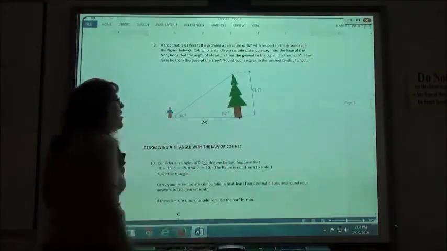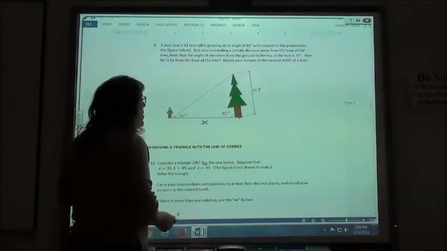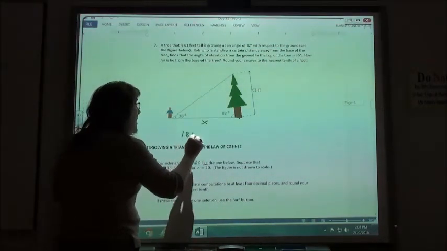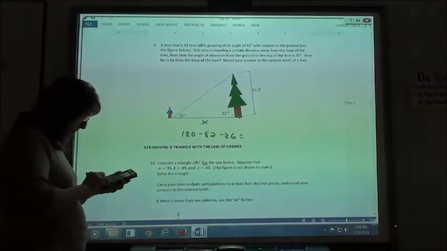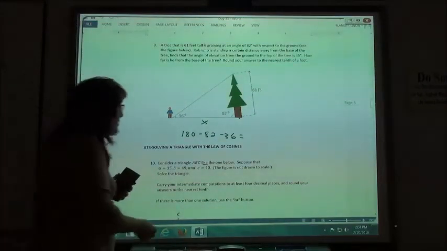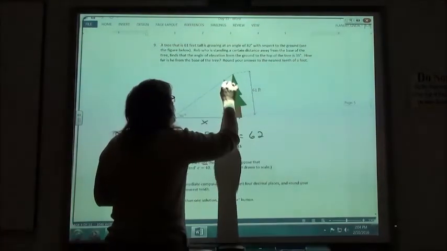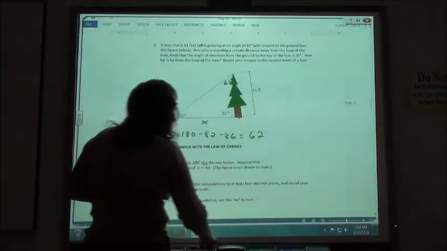There's my 61 feet. And so again, I need to know this angle up here on the top. So 180 minus 82 minus 36 gives me 62. So 62 degrees is how big that angle is up there.